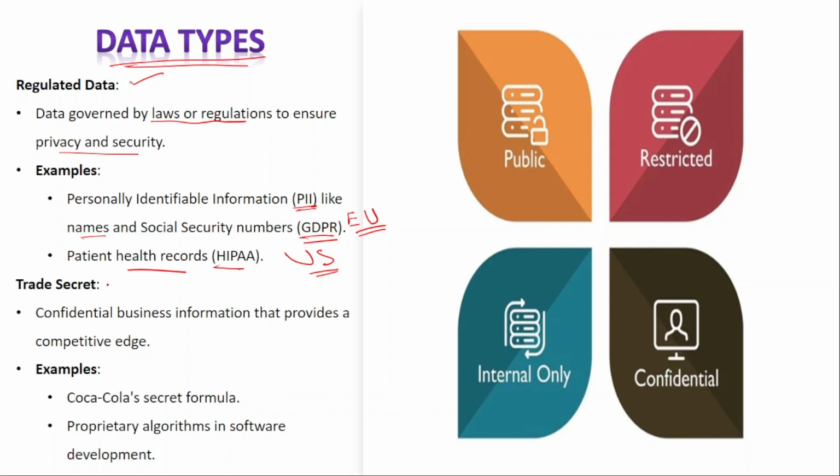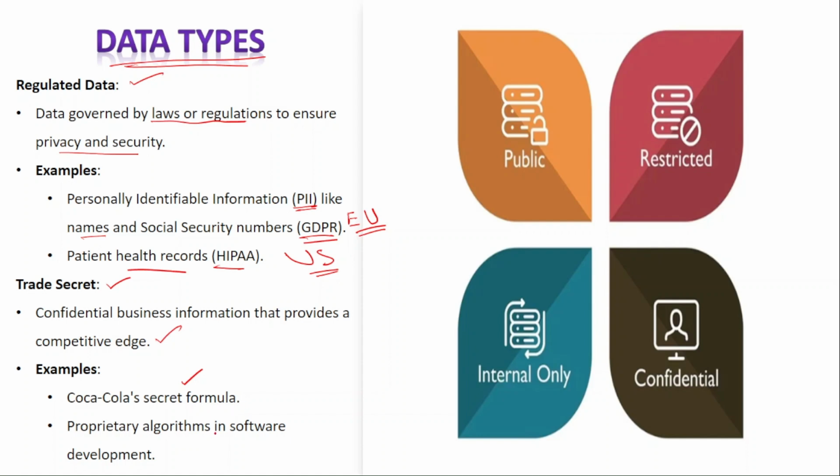Another data type is the trade secret, which is confidential business information that provides a competitive edge to an organization. Examples include the Coca-Cola secret formula. It is a trade secret for Coca-Cola, and they will make sure to protect this formula at any cost.